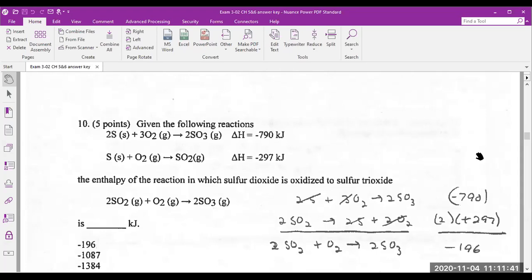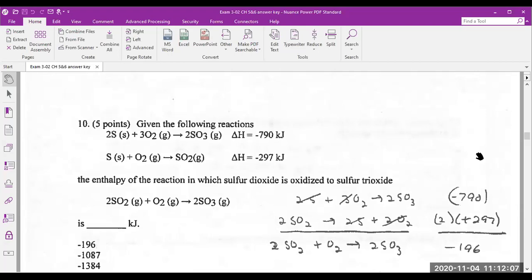We can cancel out 2 of the O2s because we have 3 on the reactant side and 2 on the product side. So that leaves us with 1 on the reactant side. And then the 2 SO2 and 2 SO3, those come out the way we want. And when we add that up, we see that our resultant reaction is the same one that we're trying to calculate the enthalpy for.